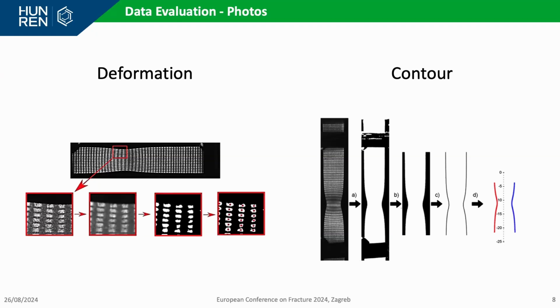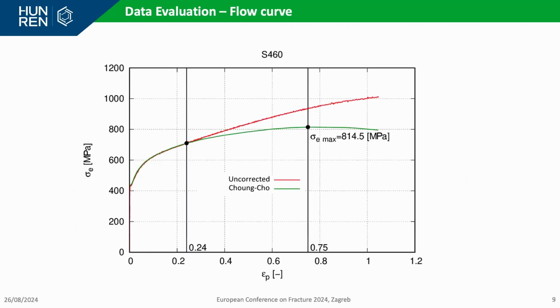And after these processes, we were able to construct the flow curve of the material. We also used the Chungcho correction method to get more reliable values at high strains.